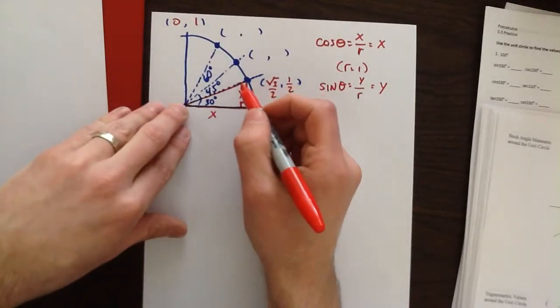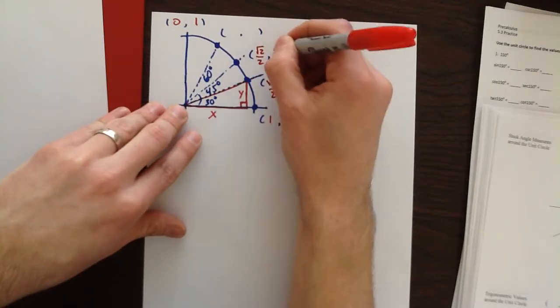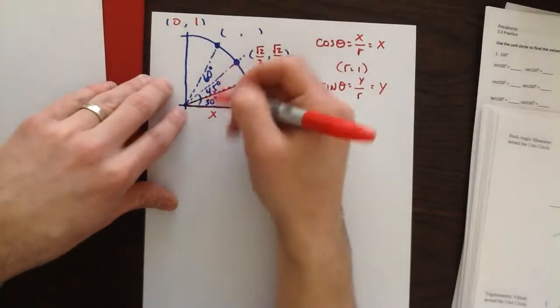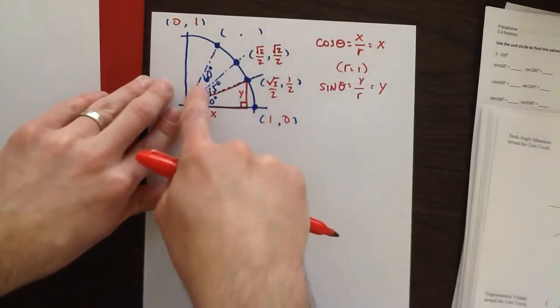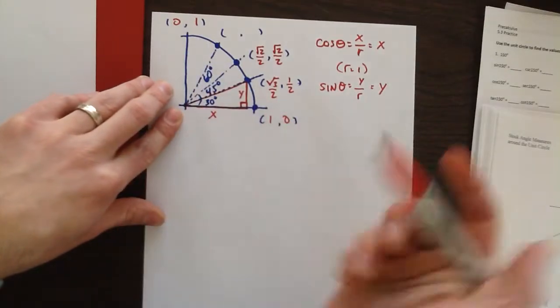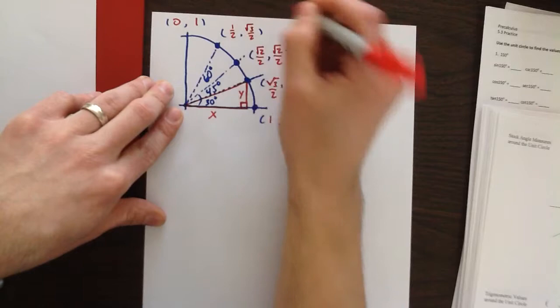We got 45 degrees yesterday: root 2 over 2, root 2 over 2. We got 60 degrees yesterday. 60 degrees and 30 degrees are complementary: 1/2, root 3 over 2.